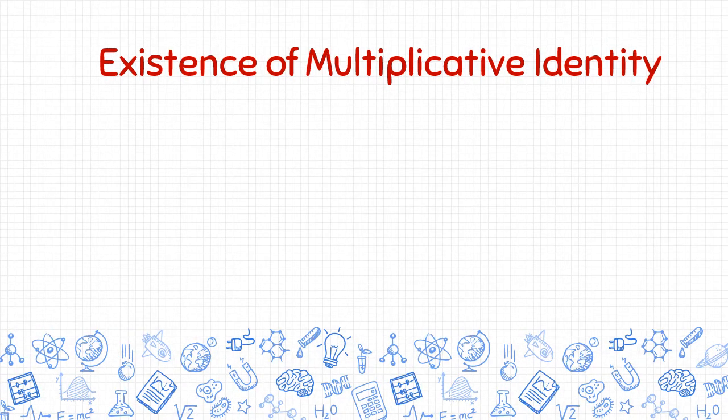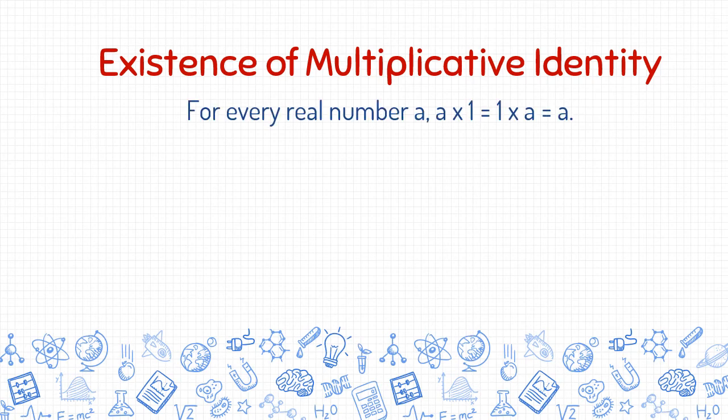Next, existence of multiplicative identity. So how do we get the number itself? By multiplying a number. For every real number a, we have a times 1. So we multiply it by 1 to get the answer, or the number itself. a multiplied by 1 is equal to 1 multiplied by a, which is equal to a.